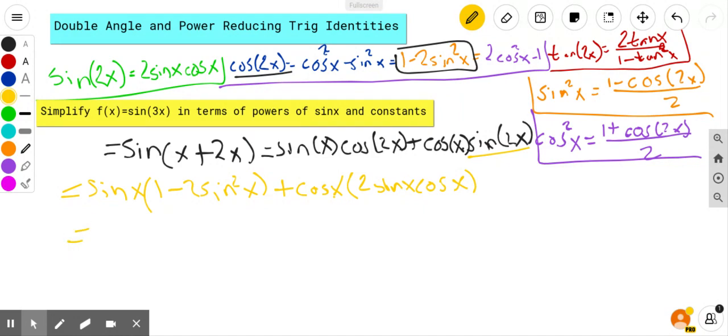So this is equivalent to sine of x minus 2 sine cubed of x plus 2 sine x cosine squared, right? In this second term that I was adding, I can just multiply the cosines to condense into a cosine squared, and I can go from there.